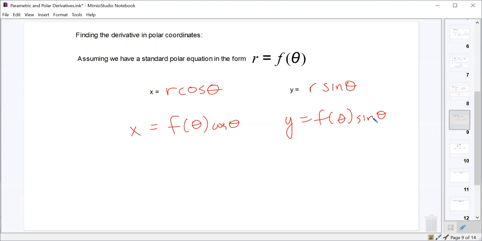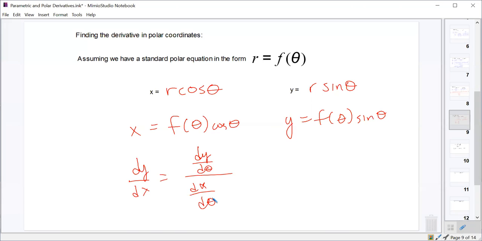So if we can rewrite r equals f of theta in terms of x and y, r cosine theta and r sine theta, we should be able to come up with dy dx is just equal to dy d theta over dx d theta. Right?